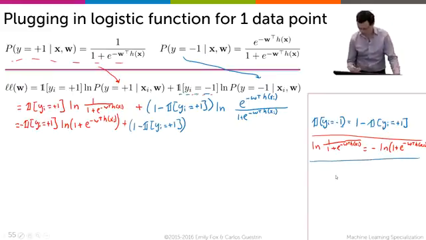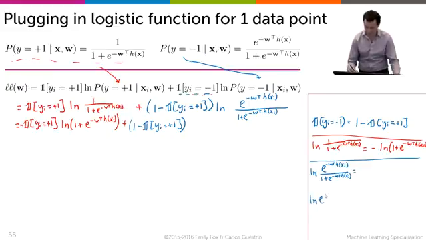So let's explore what that log of the ratio looks like: the log of e to the minus w transpose h of xi divided by 1 plus e to the minus w transpose h of xi. That's the log of a ratio, so it's a difference of logs. It's the log of e to the power of minus w transpose h of xi minus the log of 1 plus e to the power of minus w transpose h of xi.